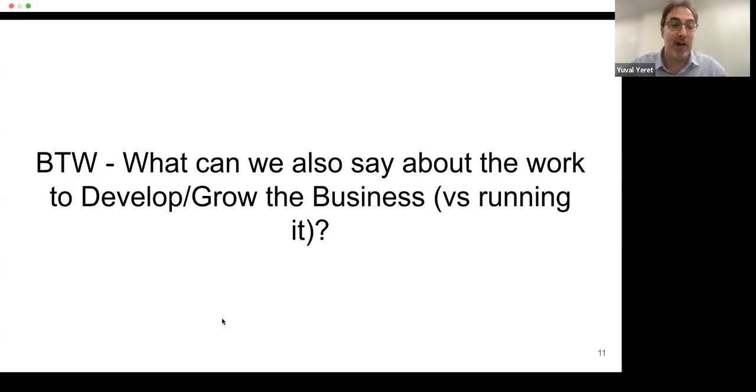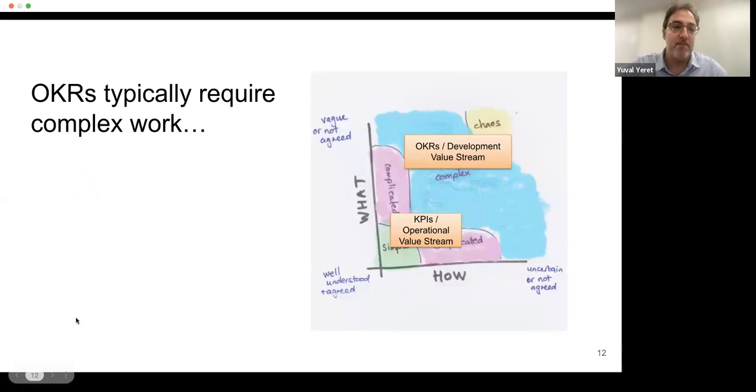And since you're Scrum Masters of the universe, your spidey sense might be sensing that there's some difference in the level of complexity of the work to run the business and change or develop the business.